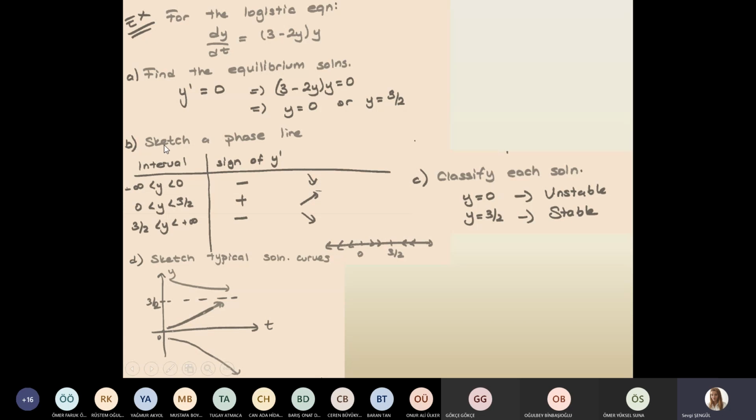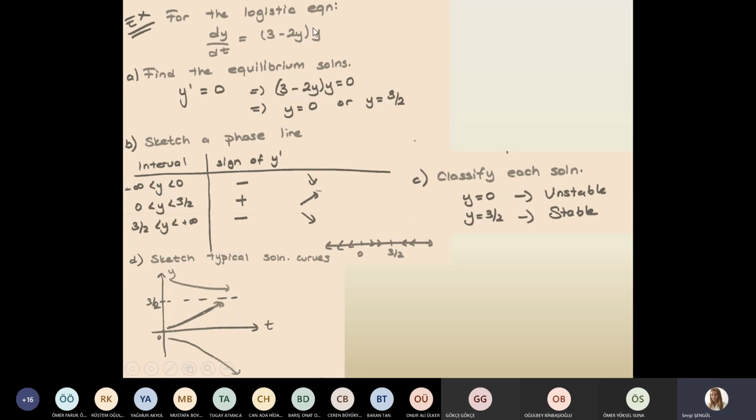And as part B, let's sketch a phase line. Phase line means that we need to check the regions other than the equilibrium solutions. Since 0 is an equilibrium, we have minus infinity to 0, 0 to 3/2, and 3/2 to infinity. So I can divide the region into three different ones. For minus infinity to 0, check the y's. Let's take negative 1.